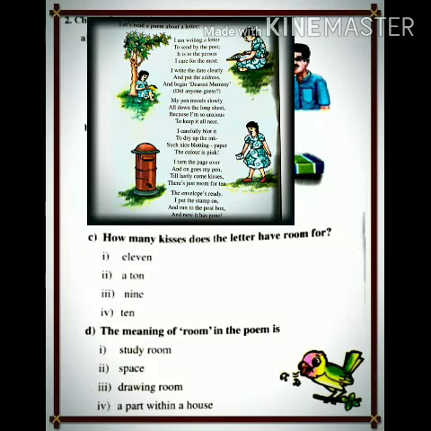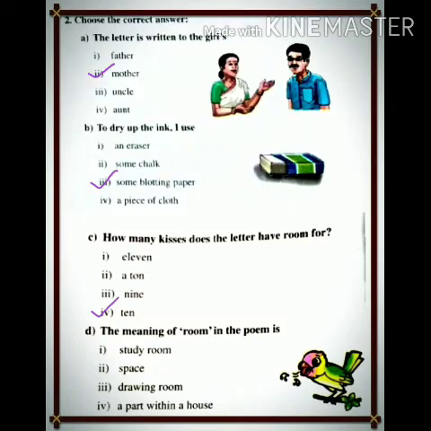There's just room for 10. Notice the word there, 10. So, how many kisses does the letter have space for or room for? How many kisses? 10. Yes. So you tick the fourth option.